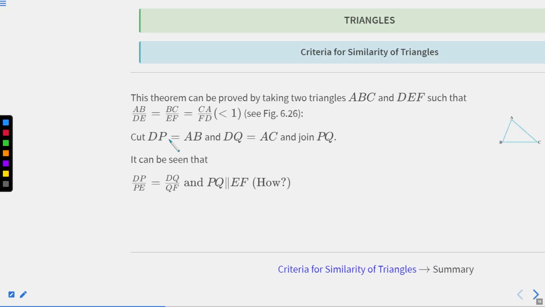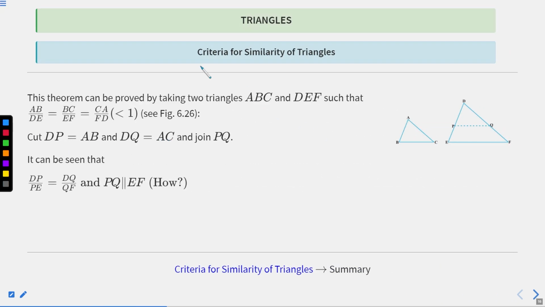Okay, so this theorem can be proved by taking two triangles. Here we take triangle ABC and triangle DEF, such that the ratio AB over DE is equal to BC over EF, which is equal to AC over DF.